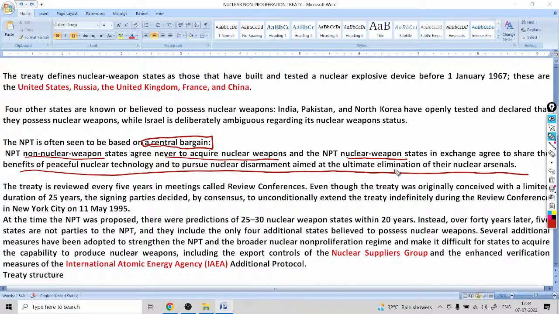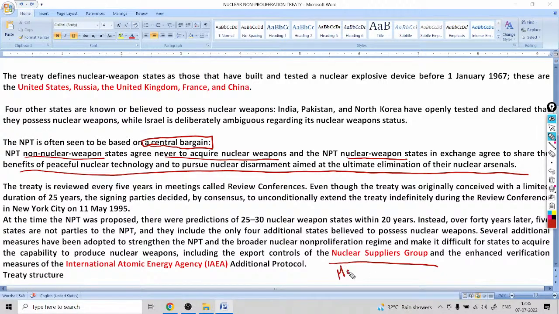So it was decided to make the regime more stringent. That's why the Nuclear Suppliers Group, NSG, was created, an association of countries who have a monopoly over nuclear commerce.